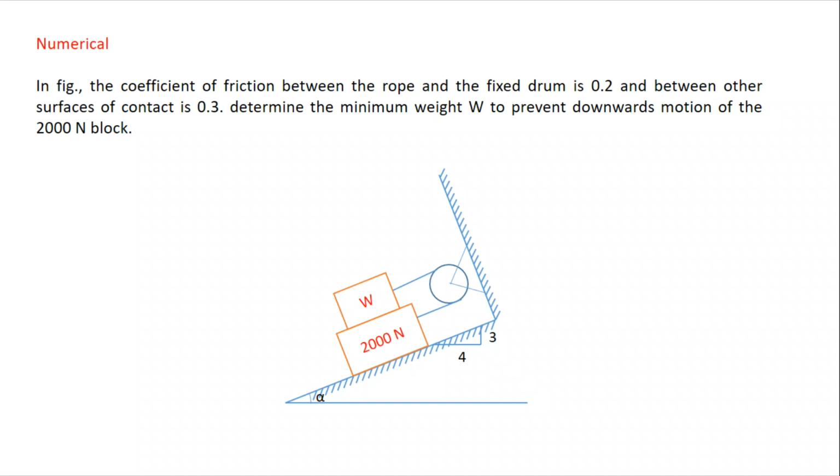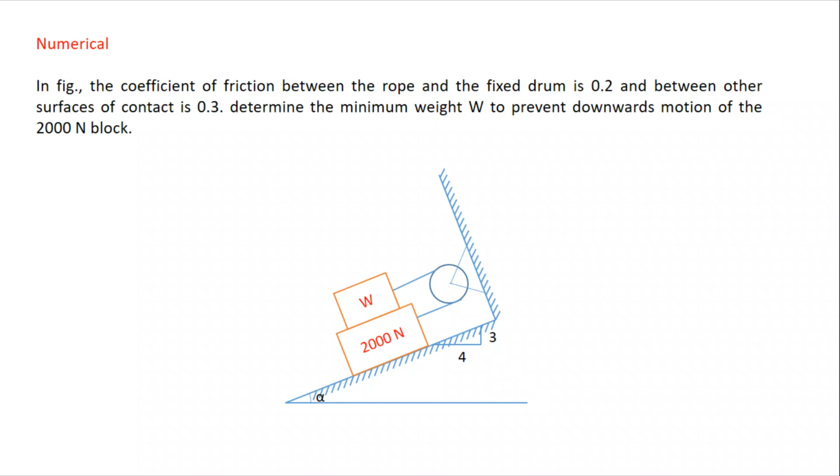In the figure, the coefficient of friction between the rope and the fixed drum is 0.2 and between the other surfaces of contact is 0.3. Determine the minimum weight W to prevent the downward motion of the 2000 Newton block. Here consider the W weight one block and the 2000 Newton one block. So what is asked and what is given?